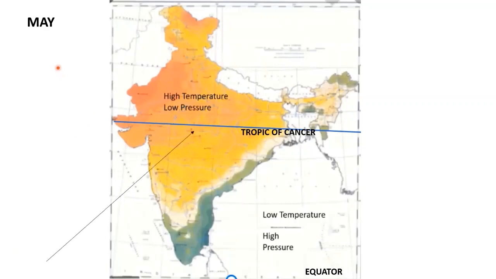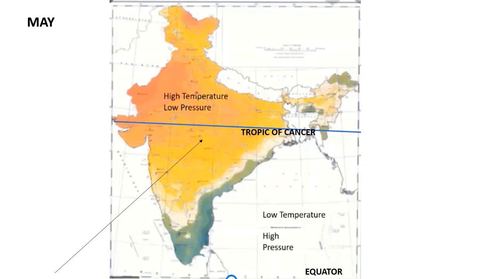it starts falling towards the Tropic of Cancer. That means the direct rays of the sun from the equator start moving towards the Tropic of Cancer, and hence the northern part of the area starts receiving direct rays of the sun, making the land very hot.